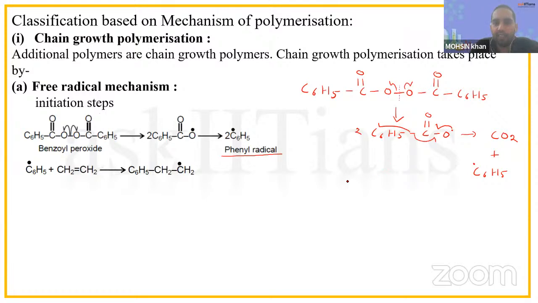So now this C6H5 will attack the CH2, which has a radical. The breaking of the double bond will occur in homolytic fashion.